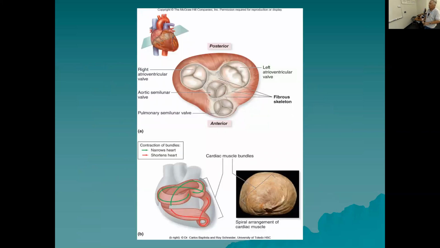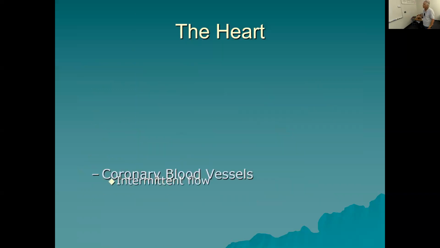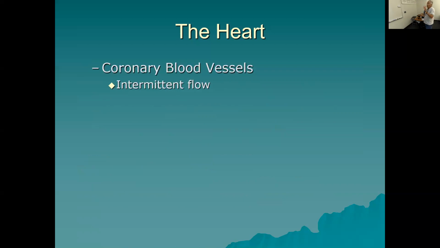Well, there's the cross section. You can see the four valves and the twisted nature of the cardiac muscle bundles, the spiral arrangement of cardiac muscle that causes contraction this way first, and then in this way. Interesting, there are coronary blood vessels. They flow intermittently.